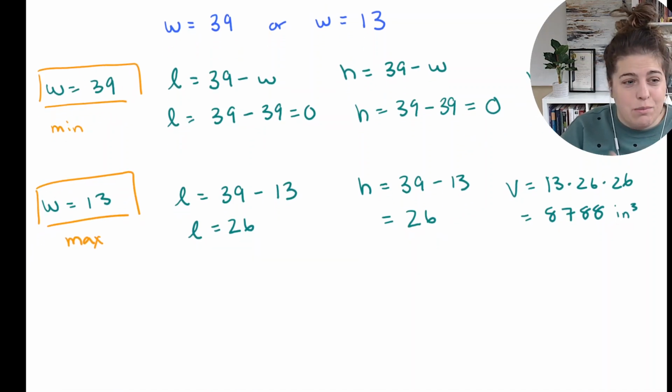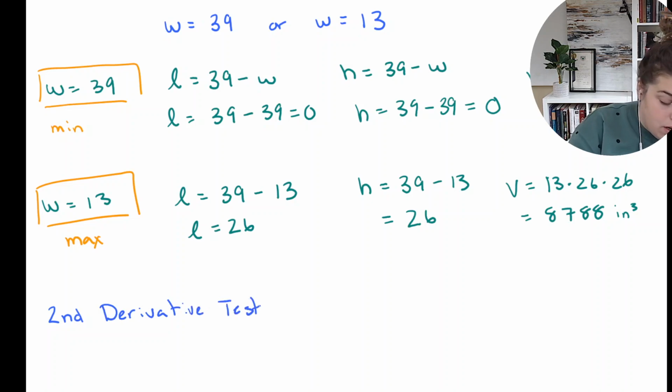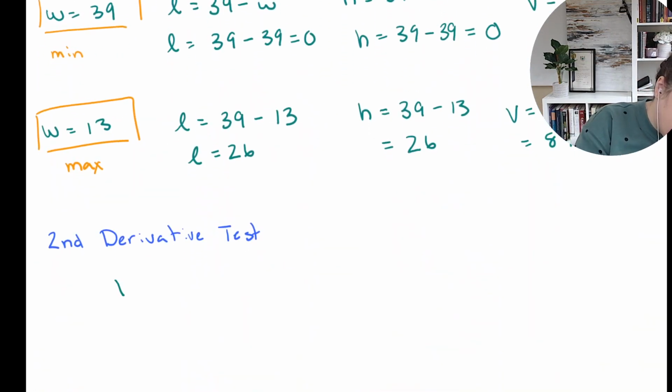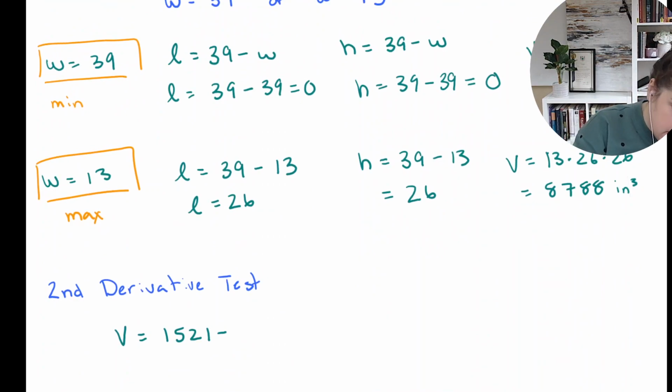Now, if we wanted to prove our min or our max, of course, we can use our second derivative test, right? This is our test for concavity. And so we take that original derivative, right? The fact that our volume is 1521 minus 156W plus 3W squared.